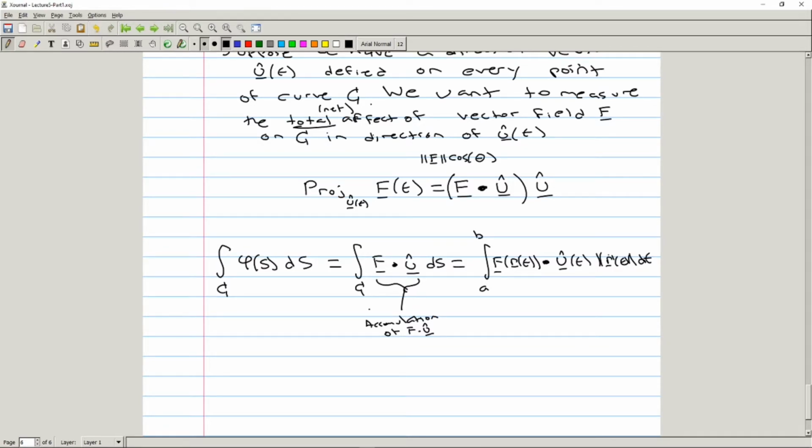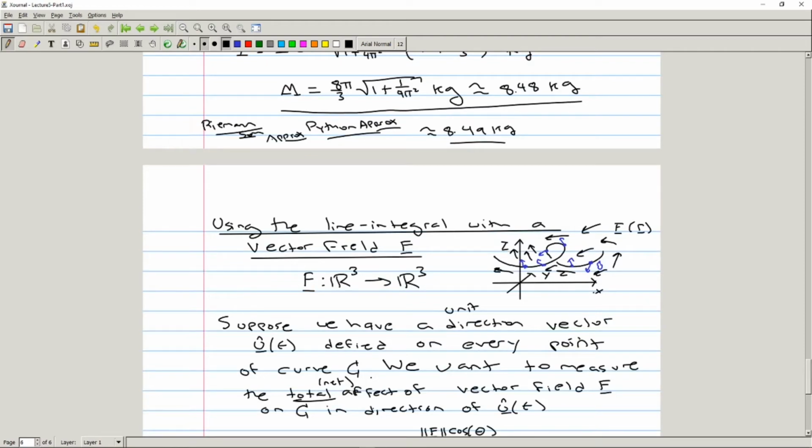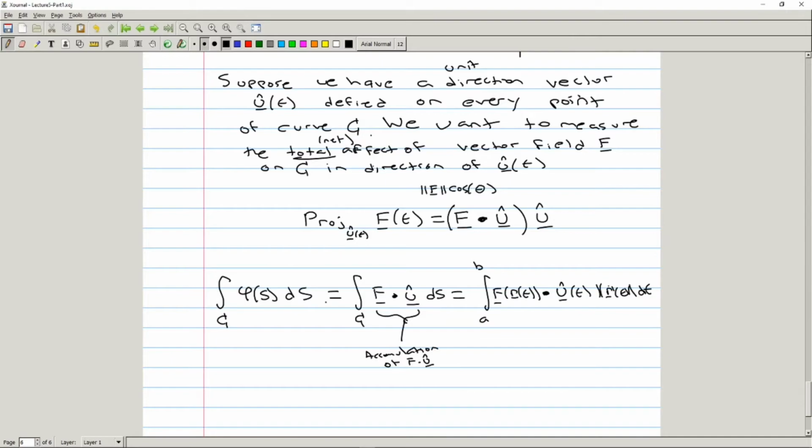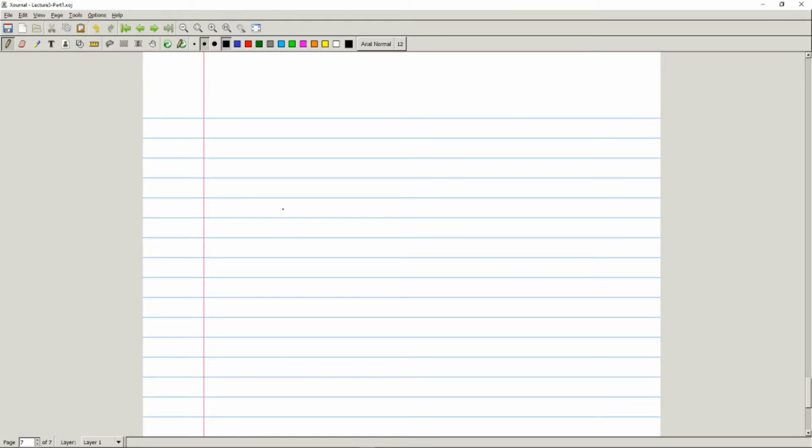So this is really a measure of the net action of a vector field f in the direction of the unit vectors u hat along this curve. Now this is an important idea in its own right, but it becomes very, very special when we consider special values that u hat of t could take. So special directions that we might want to consider.